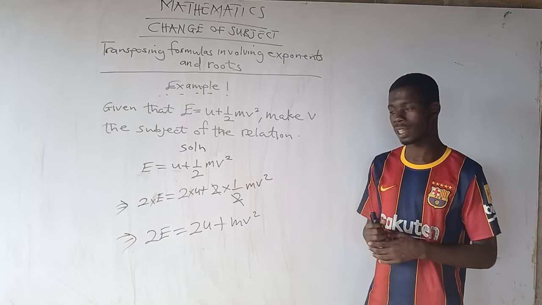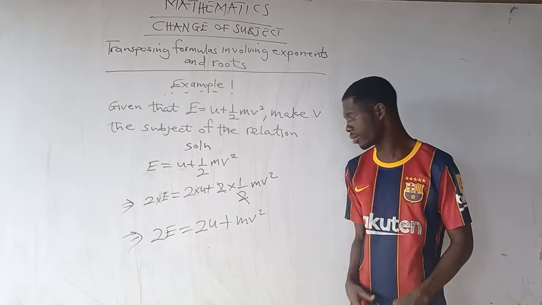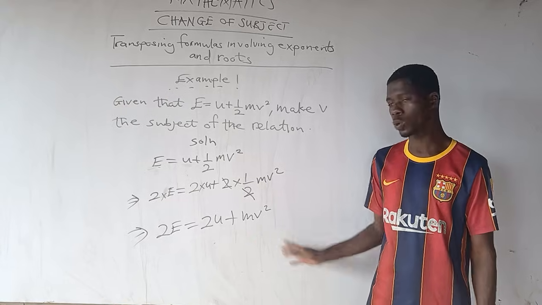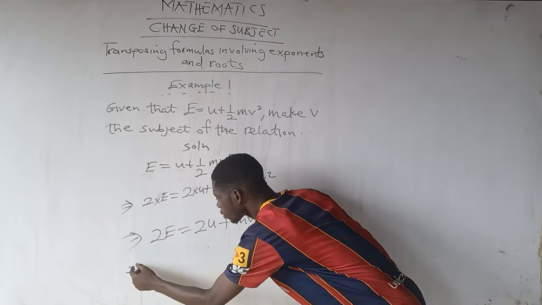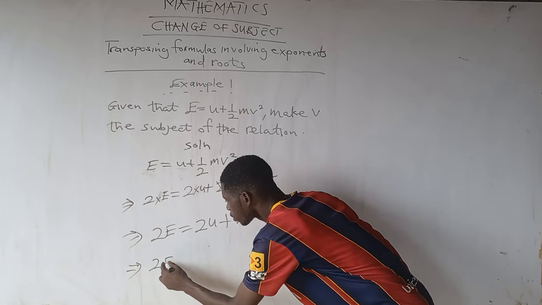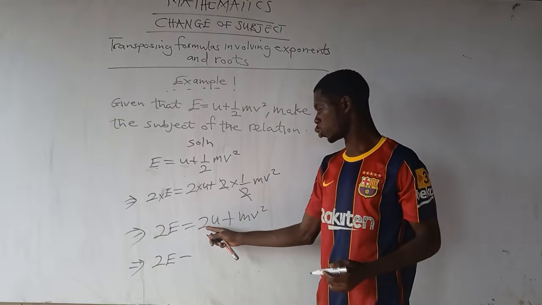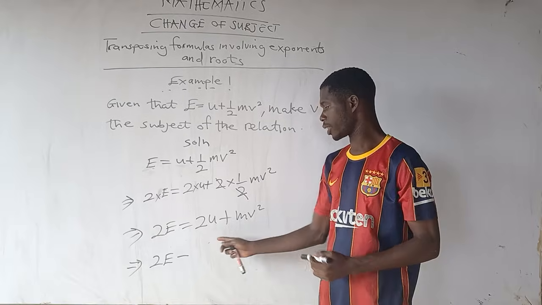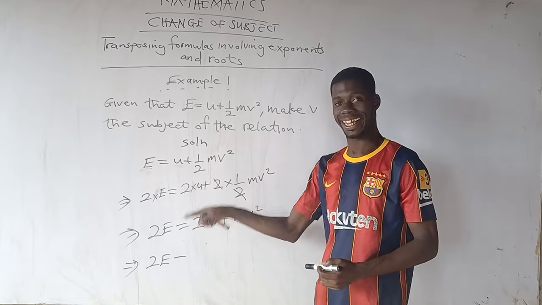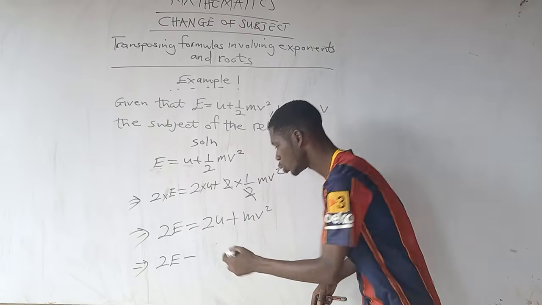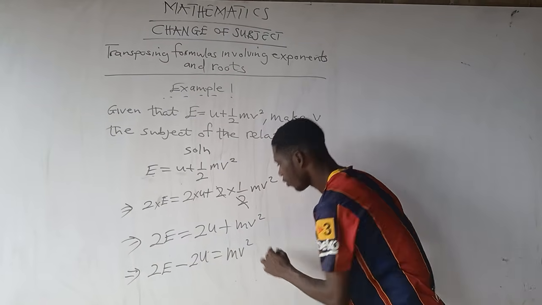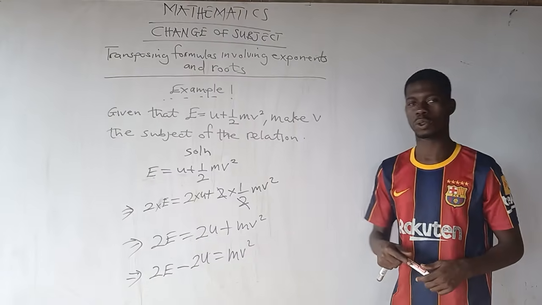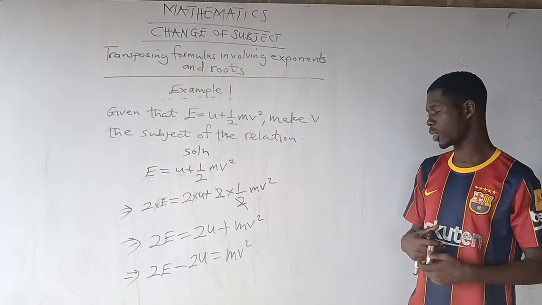So as a matter of that, this one will come here, so that mv squared will stand alone. Okay. So 2u, which is positive here, is crossing the equal sign, so it becomes negative. So we get 2e minus 2u equals mv squared.